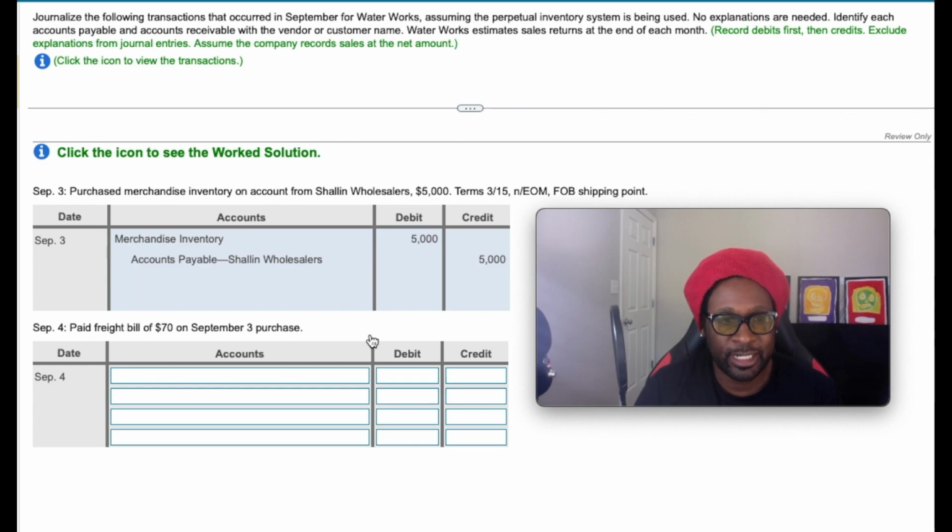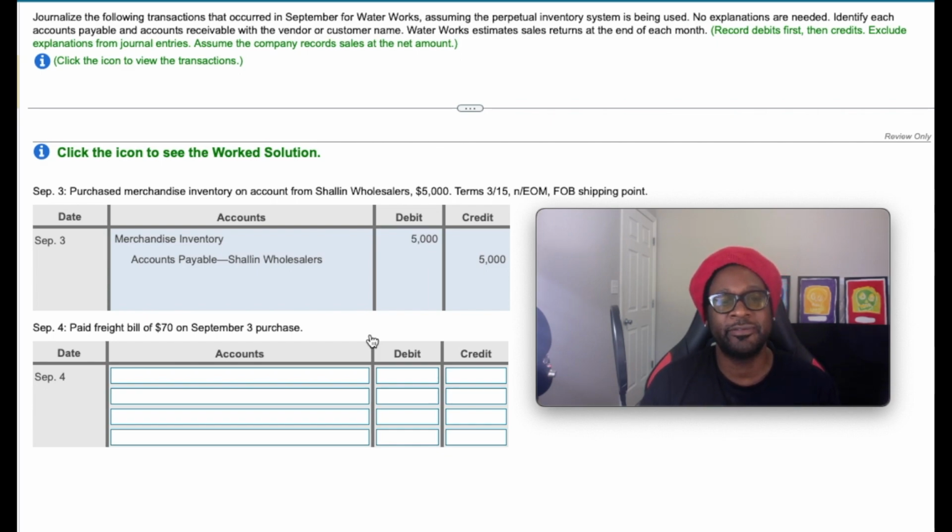Next, it told us that we paid a freight bill of $70 on the September 3rd purchase. Again, keywords: paid freight bill, purchase. So we're on the purchasing side and we paid for some freight bill. Now, gang, we are purchasing inventory. And if we're paying for the freight bill, meaning the shipping charges, we must consider this freight in. Why?